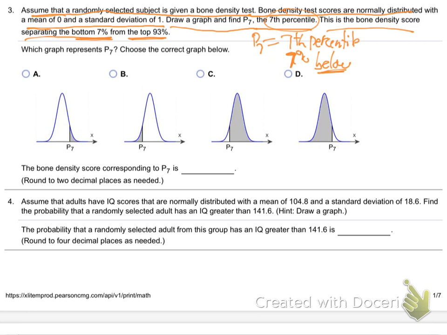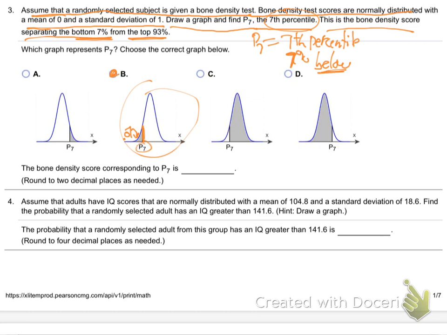So which graph shows that? See how it's right there? This looks like 0.07, a really small percentage to the left. See how they graded the shading? The shading here is very small, like 7%. And we've got to find that P7.